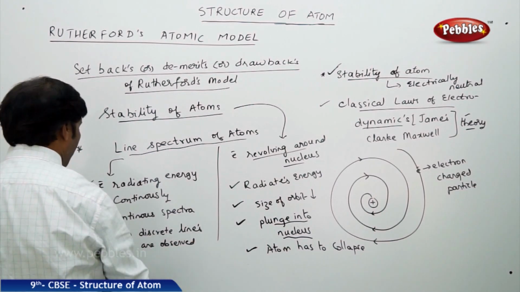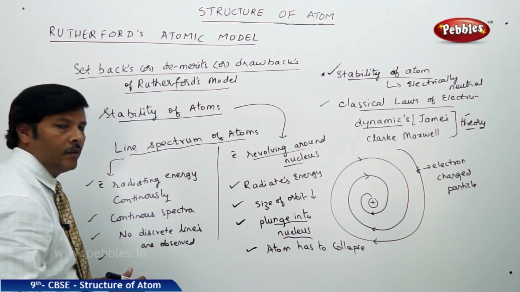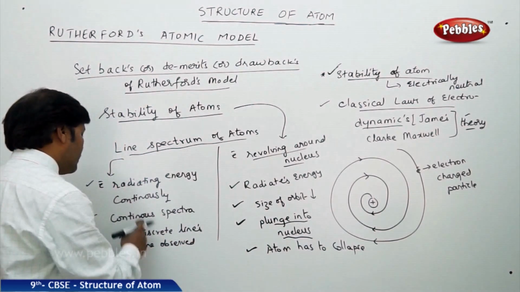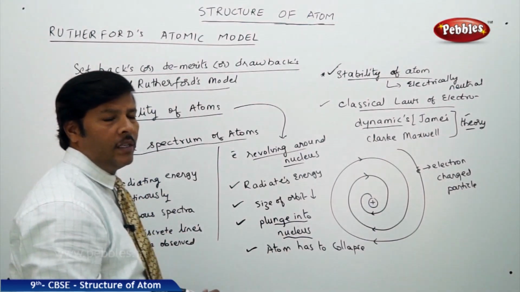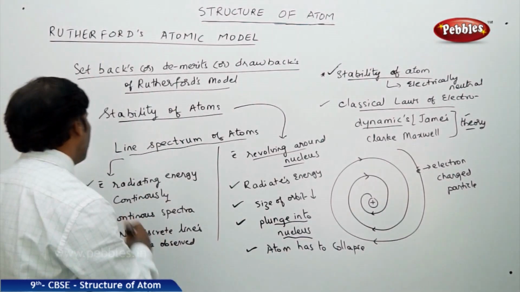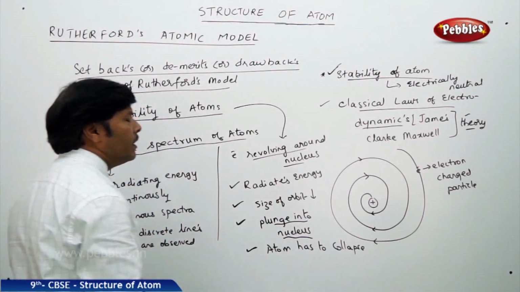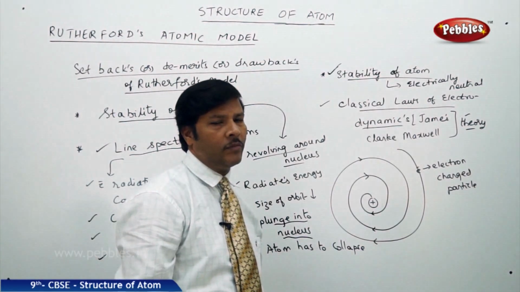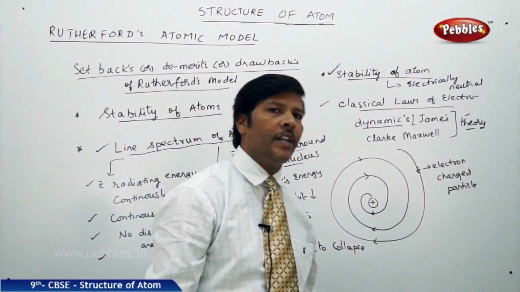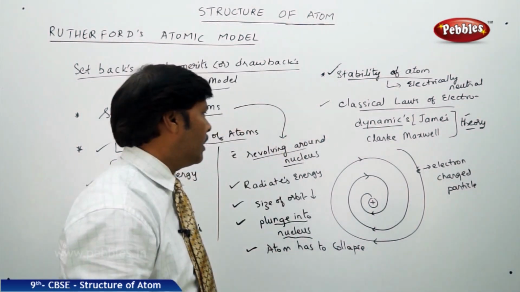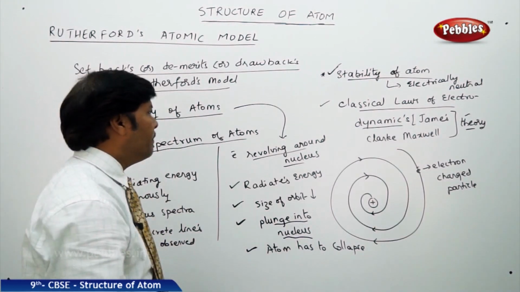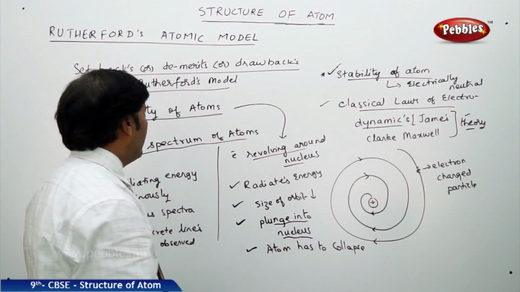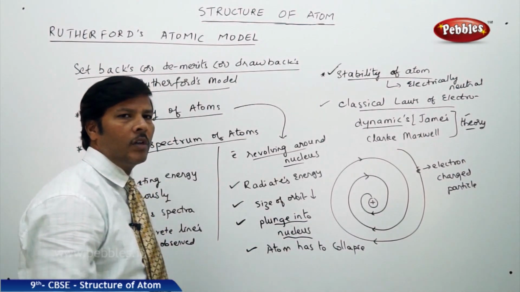But you find that individual lines are observed, and this observation was not properly explained by Rutherford. That is why he could not explain anything about the line spectrum of the atoms during the emission of radiation continuously by the electron of the atom. So these are the two important drawbacks which were not properly explained by Rutherford's atomic model.